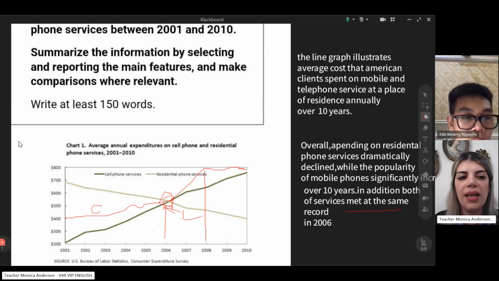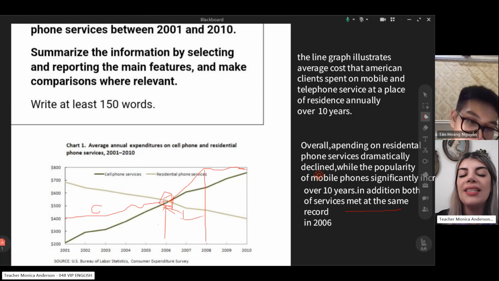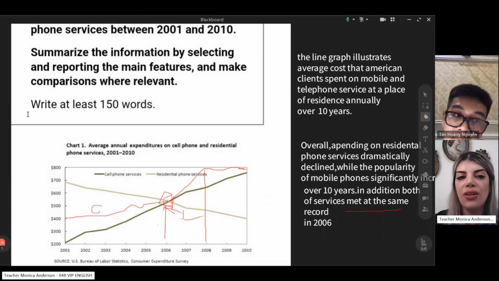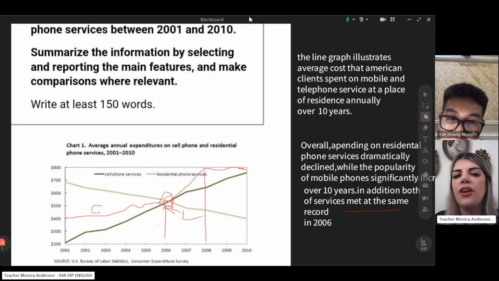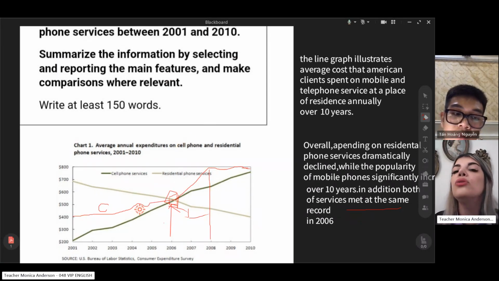Then we have, what is the general trend of the line? So we can say something like, if there are any sharp or significant changes, we need to mention them, and if any sharp decrease or increase. No more details about years, one by one. You don't need that.